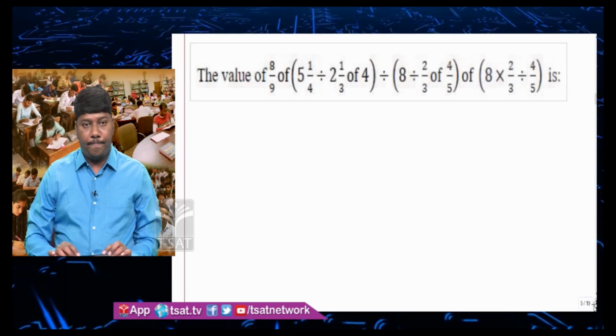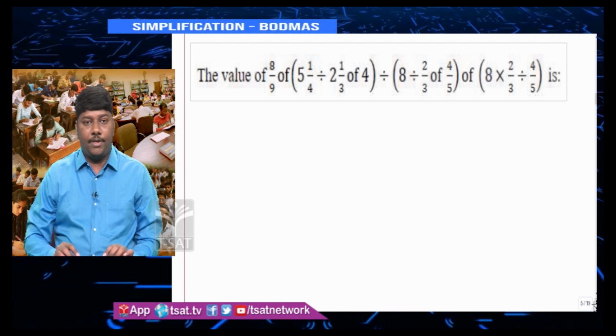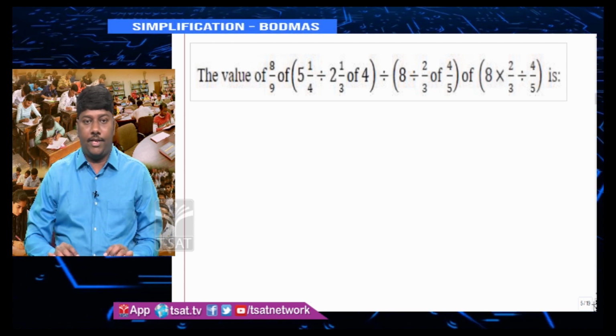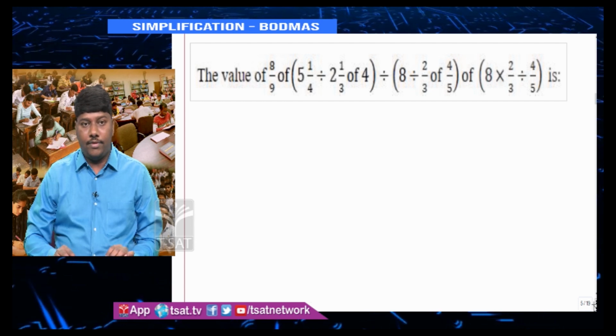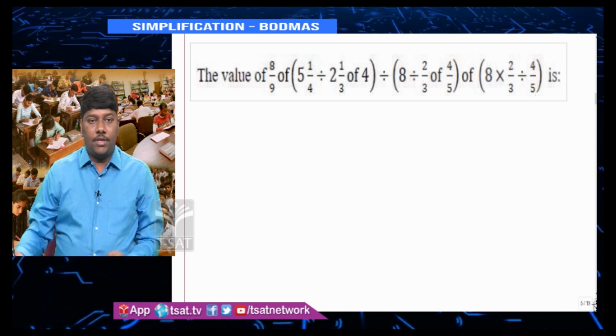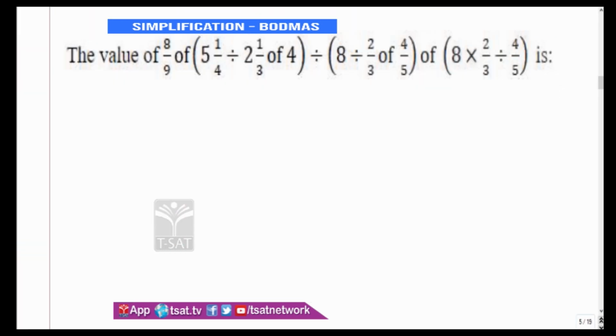Look at the next one. The value of, again you have 3 brackets. First, simplify the things which are inside the braces. Inside the braces also your priority goes to of, then after division. So, first give priority to of. Solve 1 by 1.